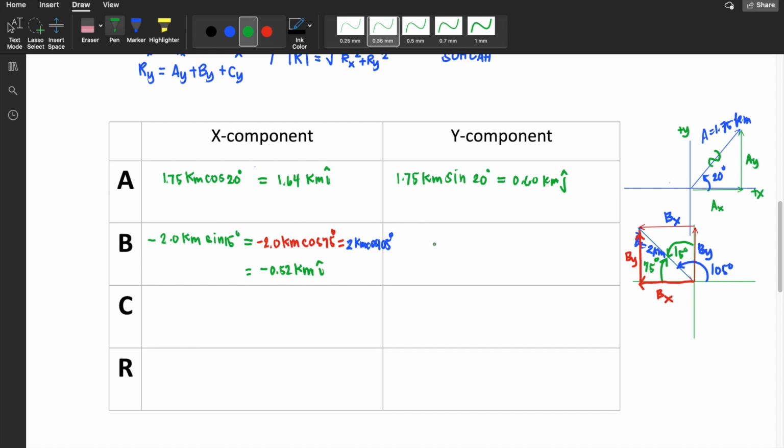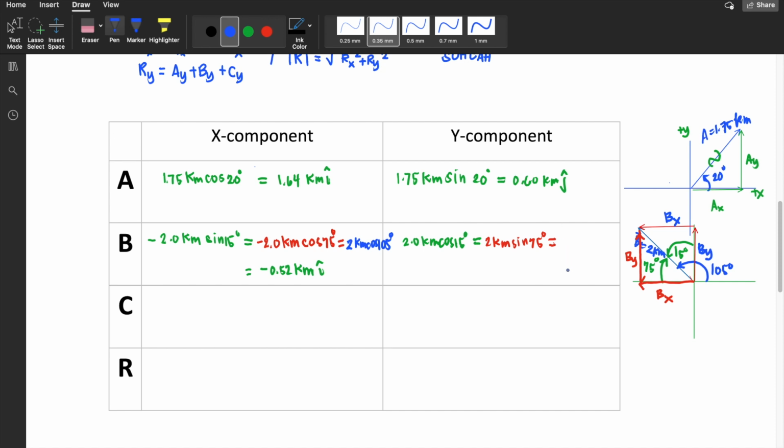Next, for its by or y component, if you'll notice, it's on the adjacent side of angle 15, so you'll have 2 kilometers cosine 15, positive, it's upward. Or it's also equal to 2 kilometers sine 75, depending on which notation is convenient for you.